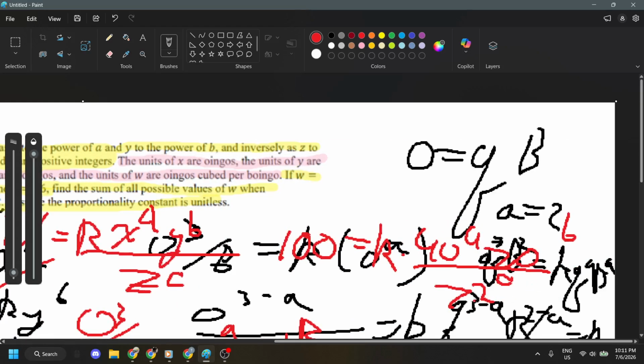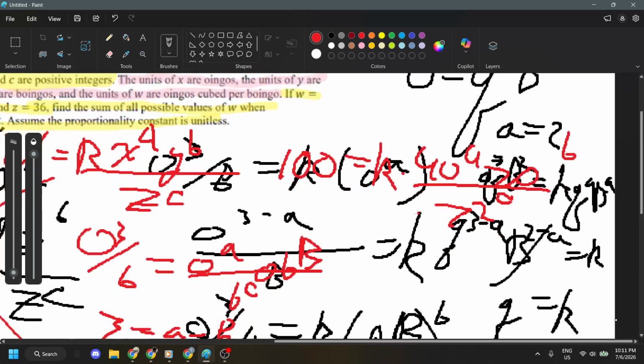These are all integers, so we can manipulate this with factors and stuff, probably. You could say this is 2 to the 2 times 5 to the 2, equal to k times 40 to the a, 20 to the b, over 72 to the c.